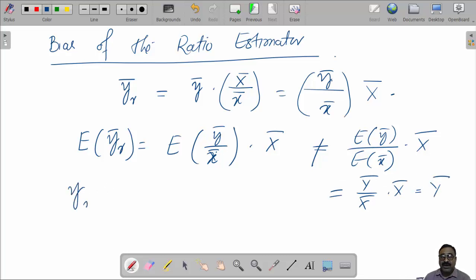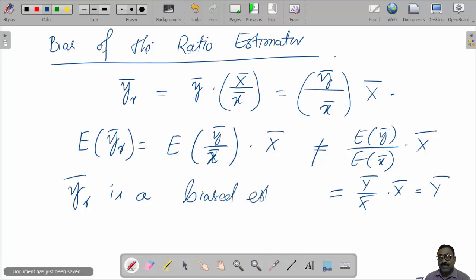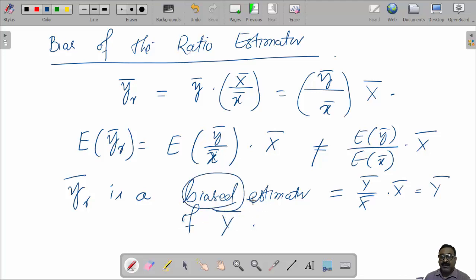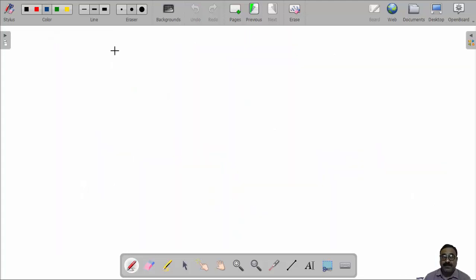So Y R bar is a biased estimator of the population mean Y bar. Biased means the expectation of Y R bar is not equal to capital Y bar.